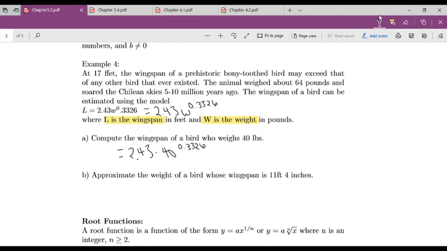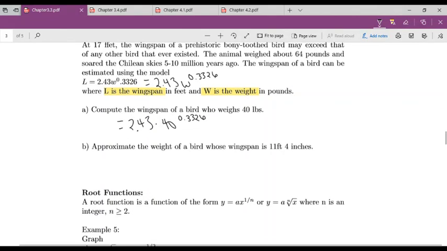The biggest thing is making sure that you type it in just like I typed it in here. So you'll do 2.43, hit the multiply button, 40, hit the up button, and raise it to 0.3326. I'm going to leave that to you on your own. No need to pull the calculator up for that.